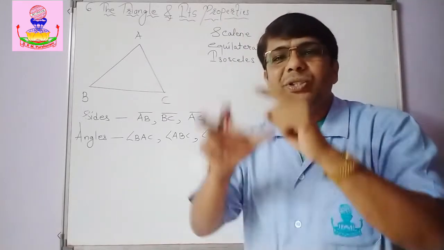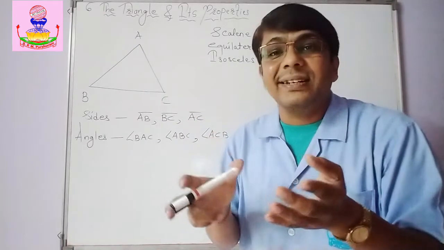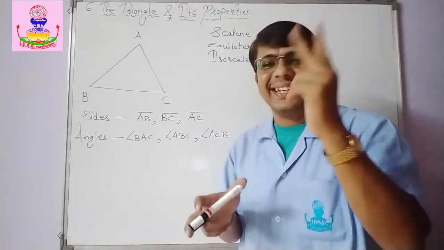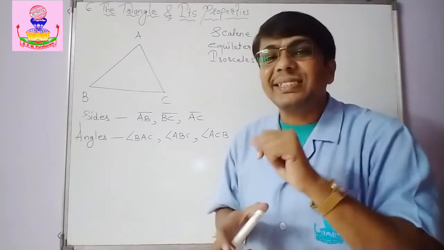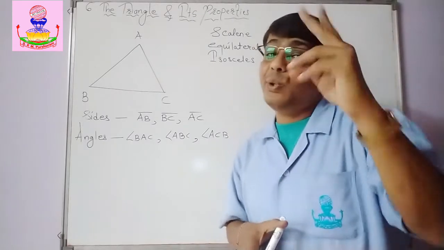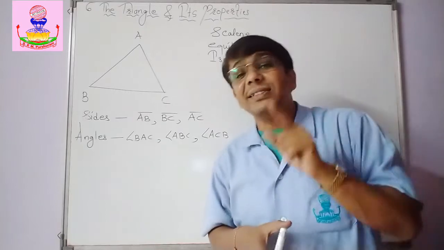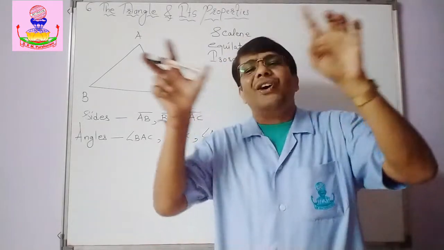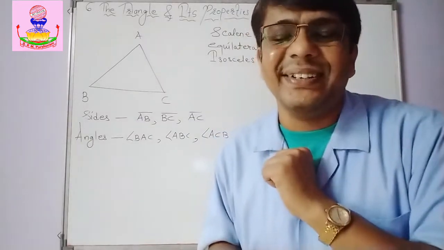Scalene triangle, in which no side is equal. Second, isosceles triangle, which has 2 sides equal. And the third, equilateral triangle, which has all 3 sides equal.